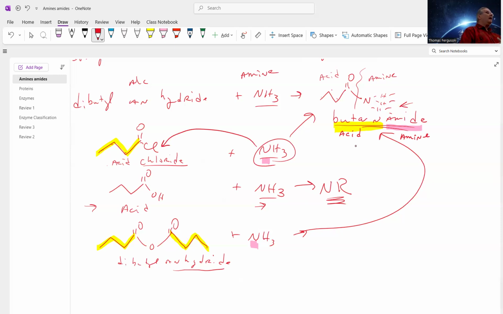So within the naming of the amide, remember how ester naming was kind of a pain? This is more of a pain because you have to account for the nitrogen branches as well.